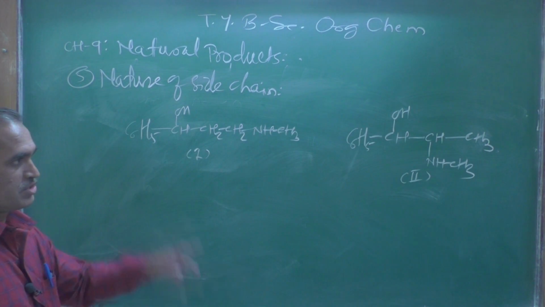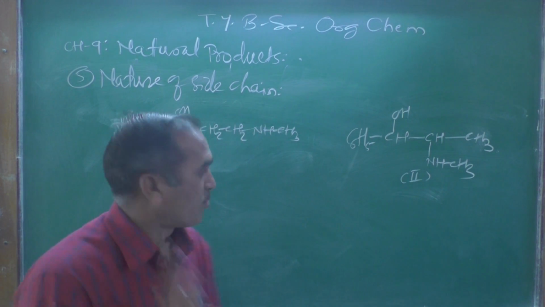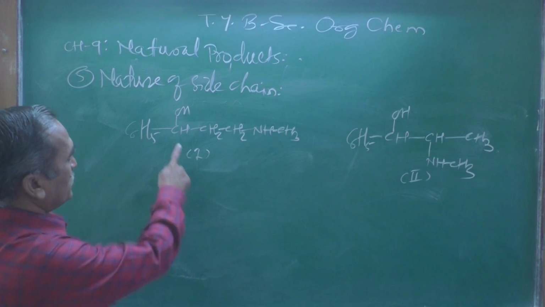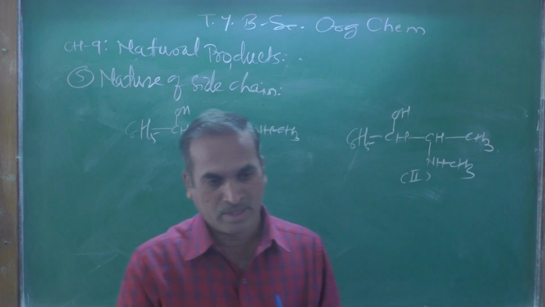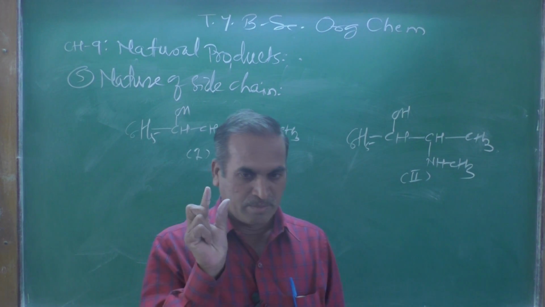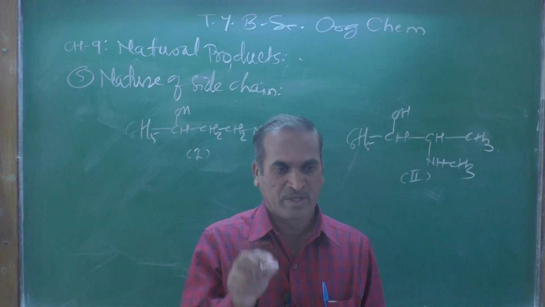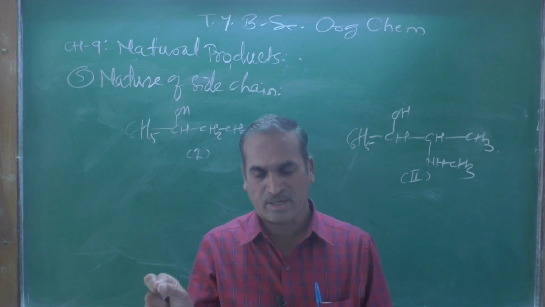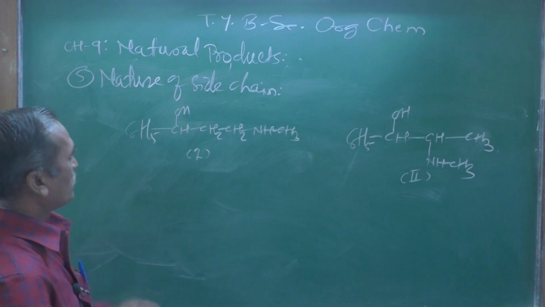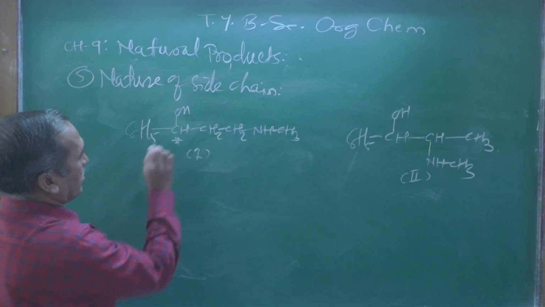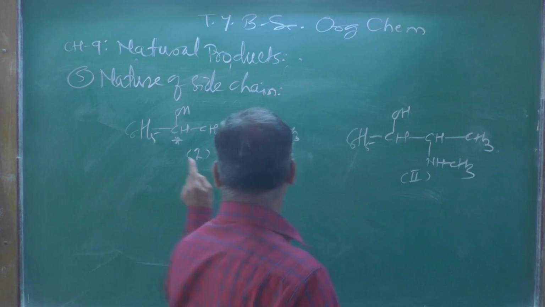Observe these two structures carefully. Now tell me how many chiral centers are present in structure number first. A chiral center, or chiral carbon, or asymmetric carbon atom, means a carbon atom carrying 4 different groups. The chiral center is always shown by an asterisk, that is, a star like this.